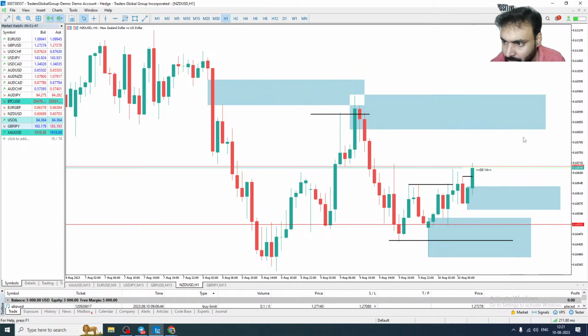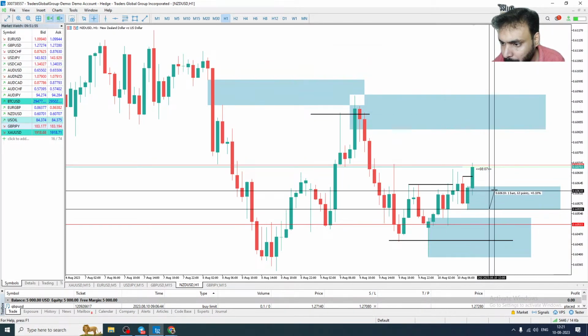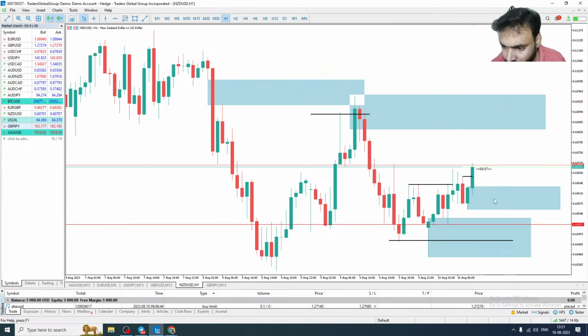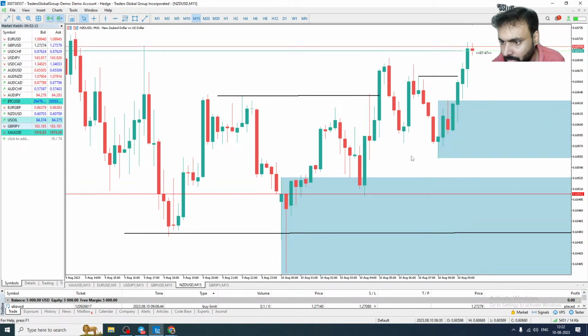It will go up like this and maybe touch here, then come down here. So you can still look for buying from here, 85 points, because this swing point is already touched. To come to the 50%, it may take some time. So meanwhile, we can try to take a trade from here, maybe on 15 minutes. Let's go to 15 minutes.